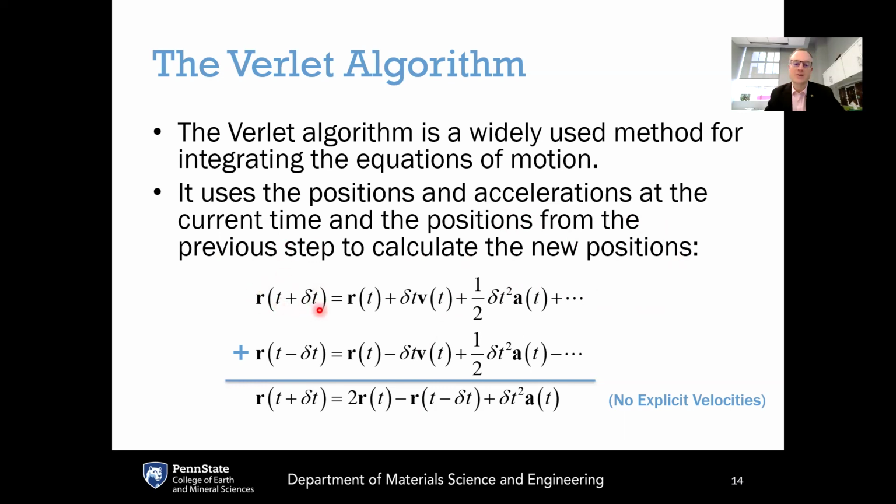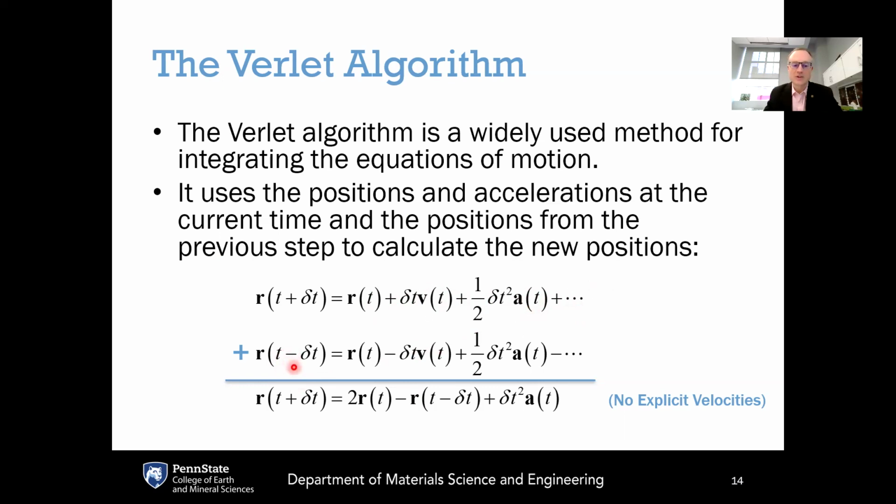So the way that the Verlet algorithm works is that you've got this Taylor series expansion at the next time step. So this is r of t plus delta t. And this is given by the Taylor series expansion shown here, where we are going to truncate after the quadratic term. So it's r of t plus delta t times the velocity, plus 1/2 delta t squared times the acceleration, and then we truncate. Now we're also going to have the equation here for the position at the previous time step.